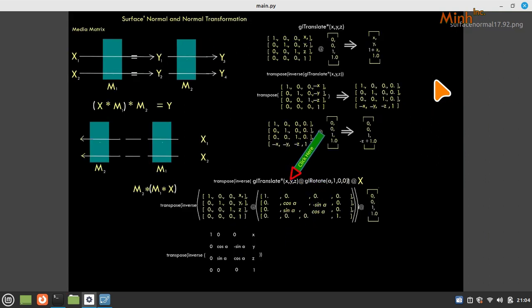Okay, now I think the font is pretty small, so we'll do these multiplications. So this and this, whatever we receive, then we'll do inverse, and then we will do transpose.